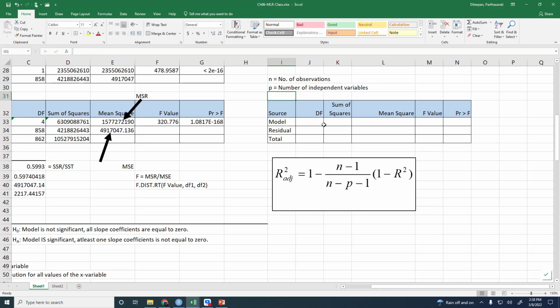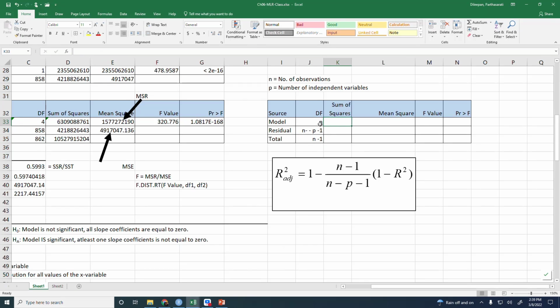So the degrees of freedom for the total is n minus 1. This is p, and this is n minus p minus 1.